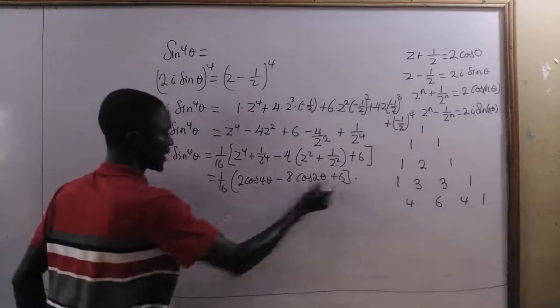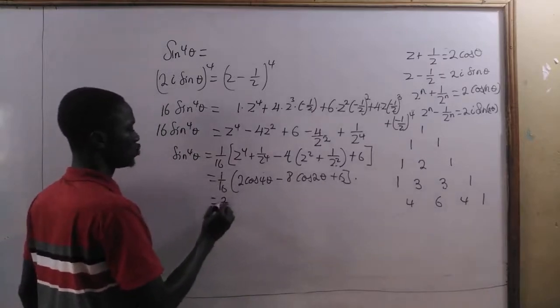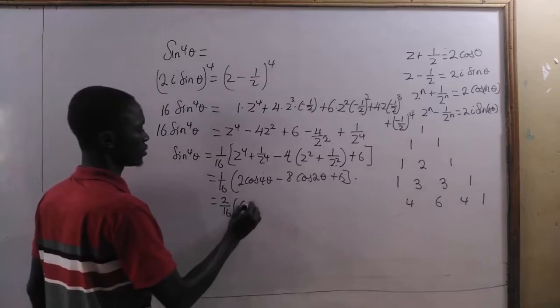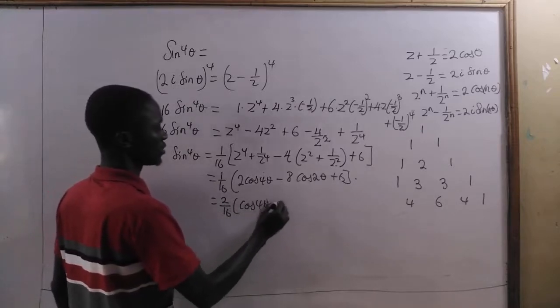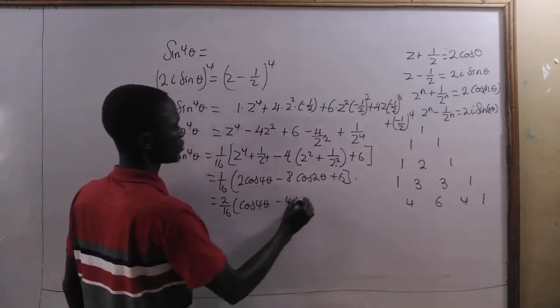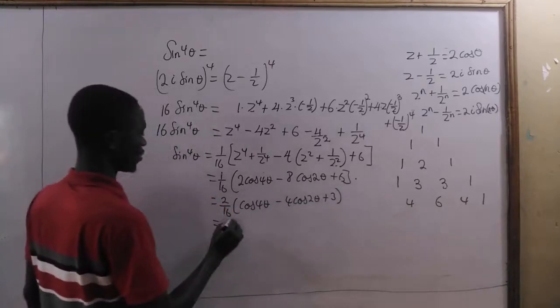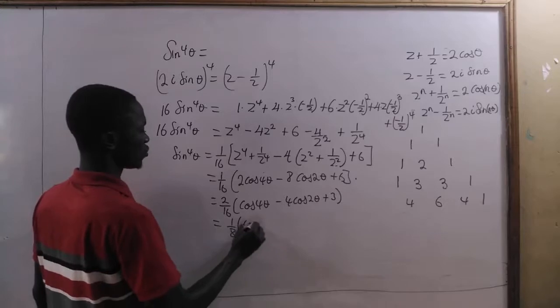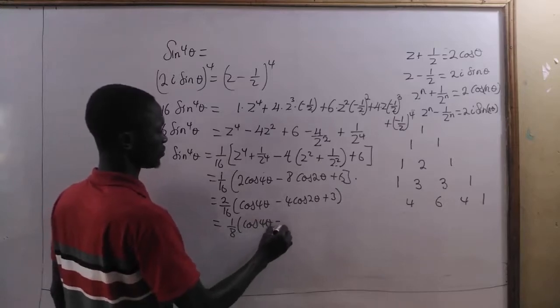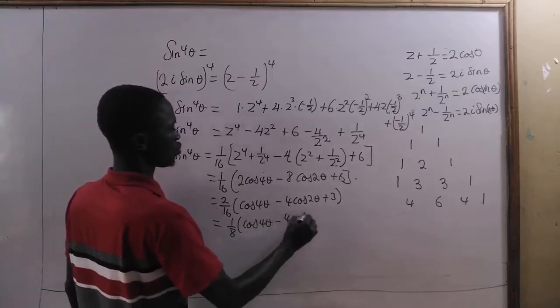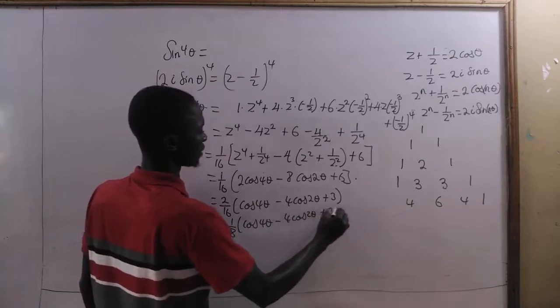So if we factorize 2 out, we get 2 out of 16 cosine of 4 theta minus 4 cosine of 2 theta plus 3. And this will be 1 out of 8 cosine of 4 theta minus 4 cosine of 2 theta plus 3.